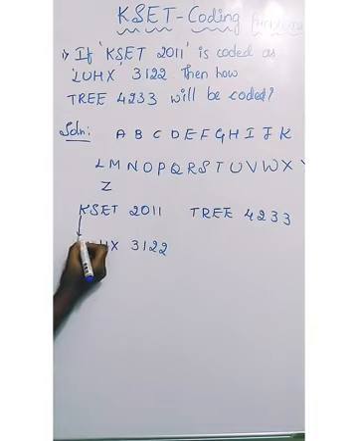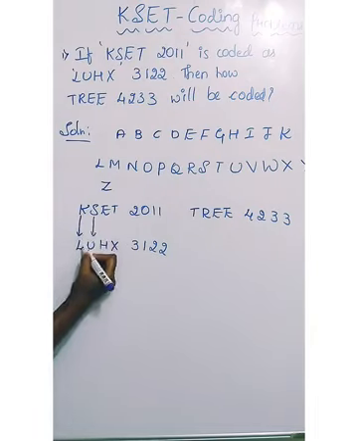See here, K is coded as L, S is coded as U, E is coded as H, and D is coded as X. Then the digit 2 is coded as 3, 0 is coded as 1, and 1 is coded as 2, and again 1 is coded as 2.